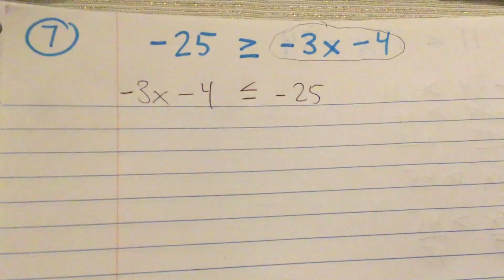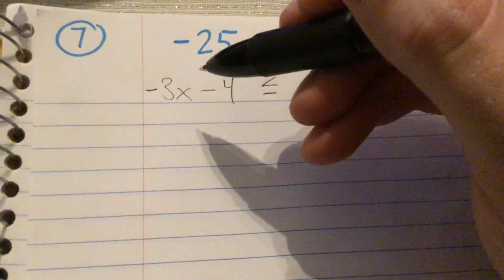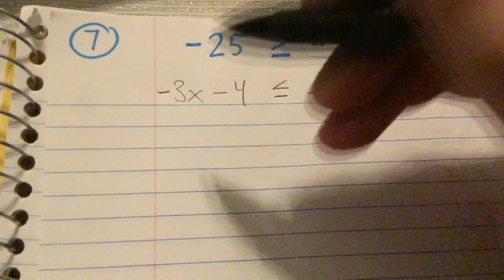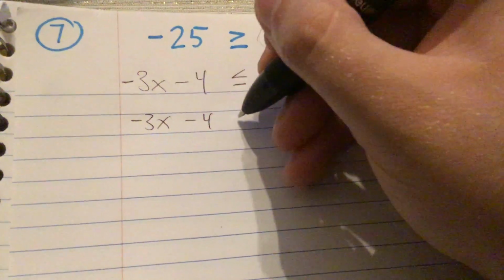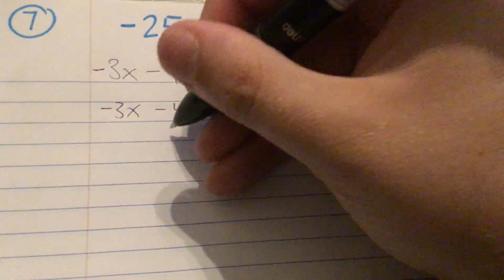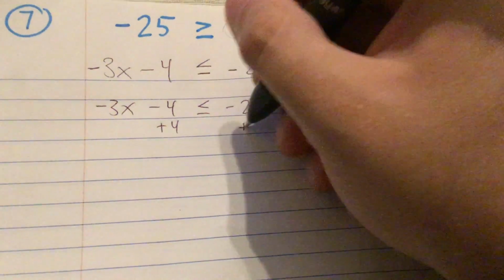Okay, and now I'm going to solve for x. The x is already on the left part of the inequality. So now let's solve for x. I'm going to add 4 on both sides.